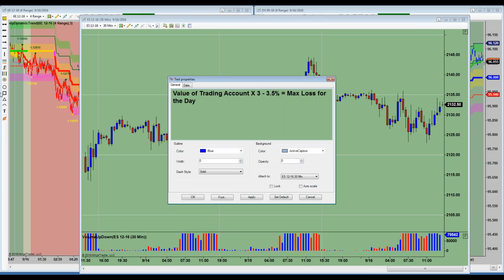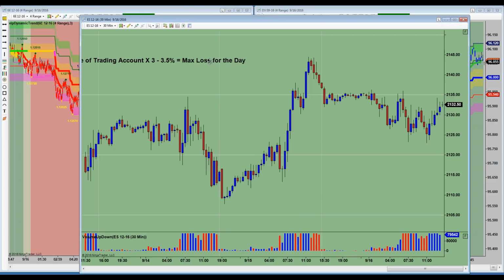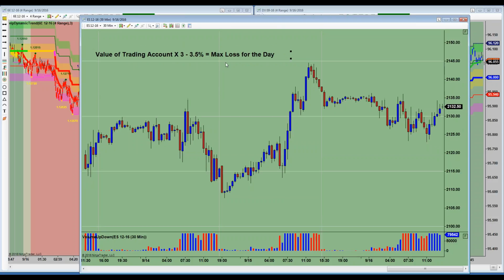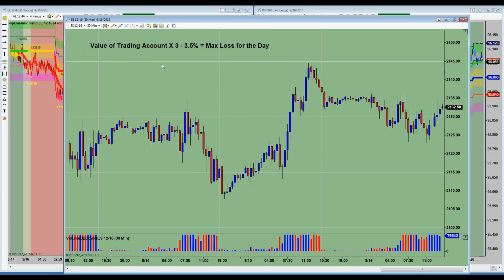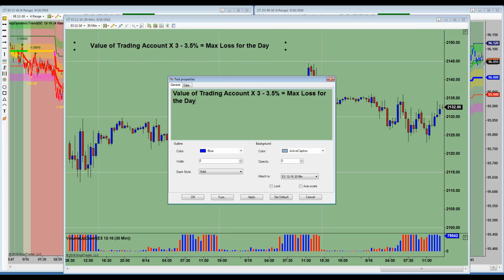Okay, so whatever that number is, let's just take a hypothetical round number so we can do some very quick calculations. So if you had an account that was worth, say, $10,000, a nominal amount of a sort of mid-sized trading account, how much could you lose in a day? If you had $10,000 in your account, what is the max stop-out loss for your trading day? You can do the calculations.